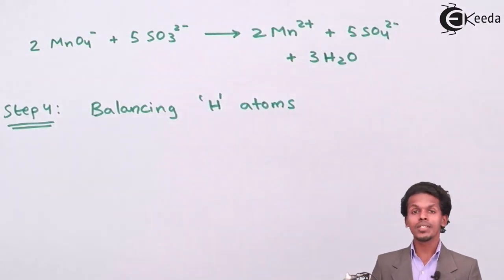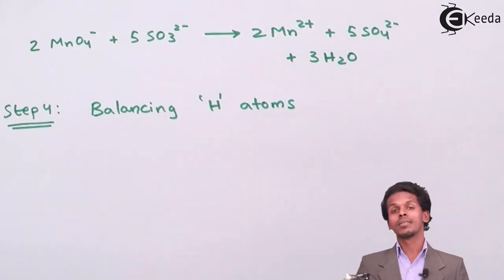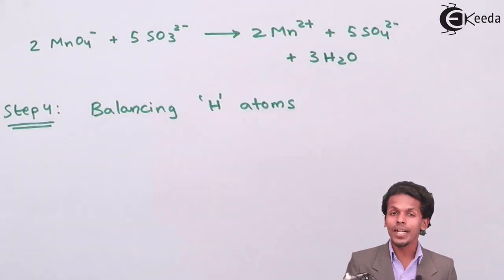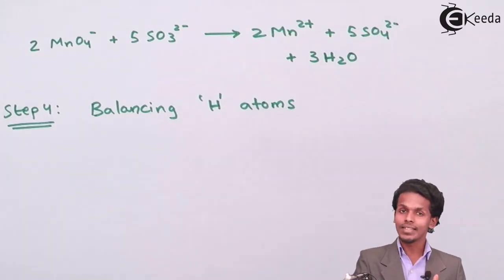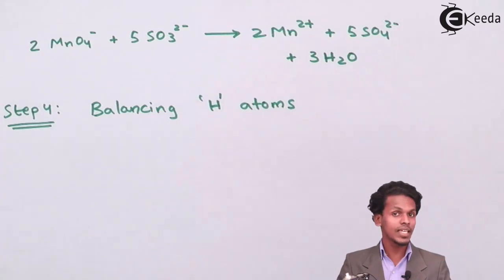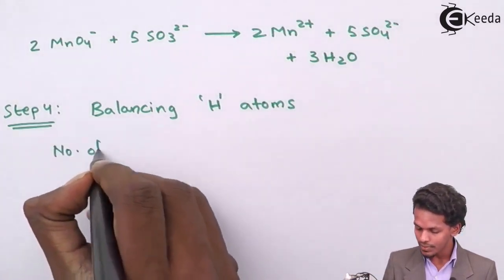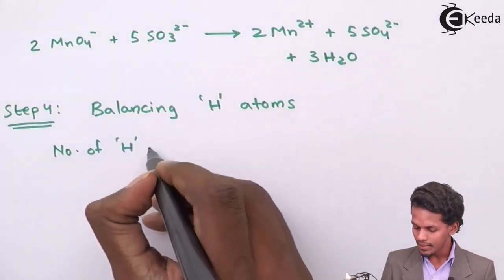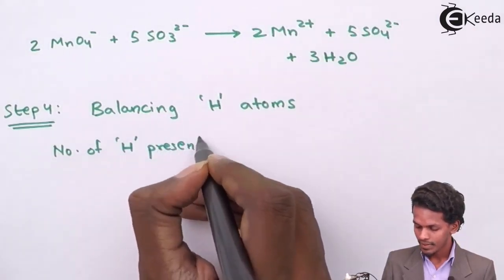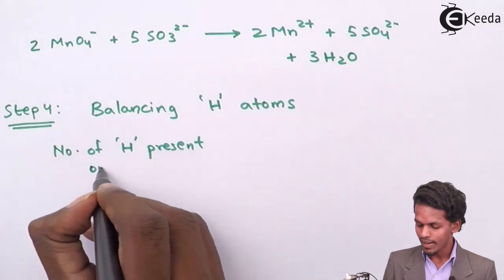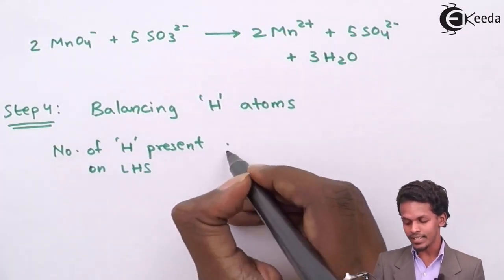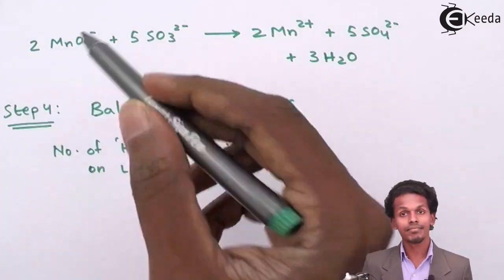And now, again for balancing, we will calculate the number of hydrogen present on the left hand side and the number of hydrogen present on the right hand side. The number of hydrogen present on the left hand side, that is on the reactant side, is nothing but 0.